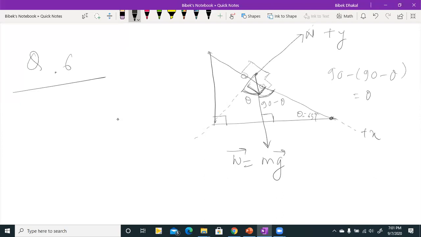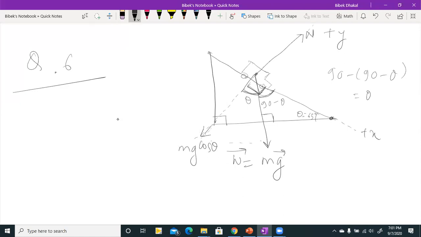So if you resolve your weight towards the positive y, you'll get the y component of the weight as mg cosine of theta, like we did in the projectile, just resolving this vector to this direction.